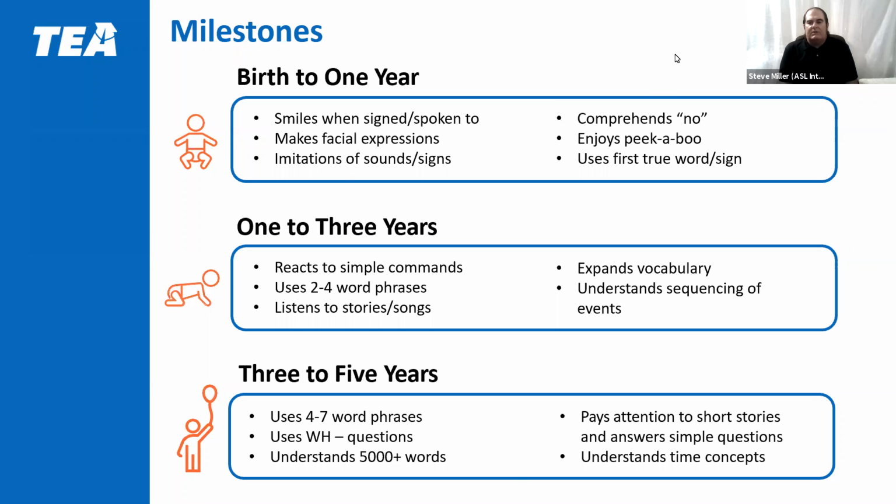They can understand 5,000 words or more. It doesn't mean that they use them all, but they have some concept of 4,000 to 5,000 words. They can pay attention to short stories, answer simple questions, and they also understand time concepts. Next slide, please.